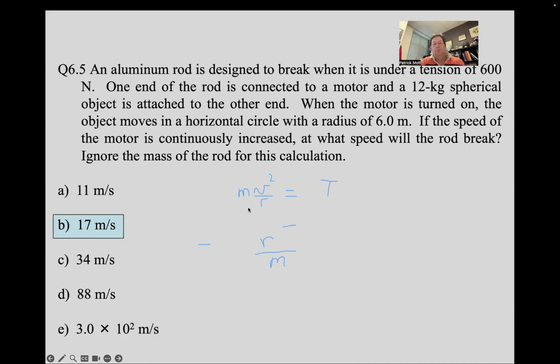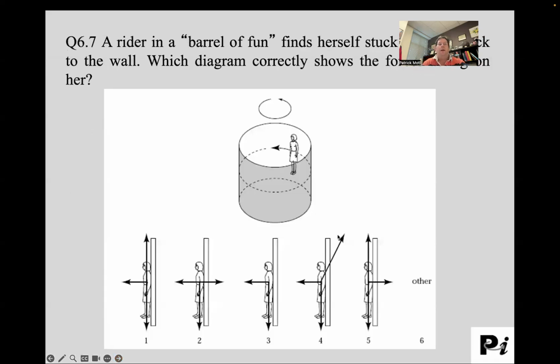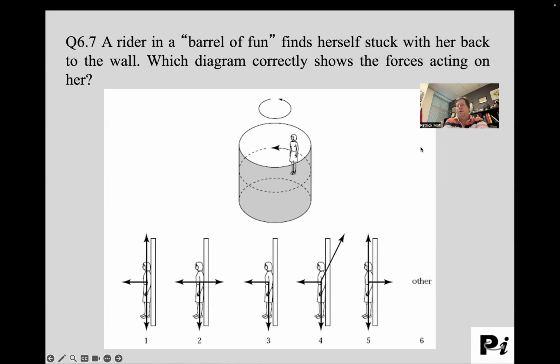All right, one more question. And this is an important one, connecting circular motion with free body diagrams. So a ride you might be familiar with from the county 4-H fair or whatever fair you live near is what's called here a barrel of fun.